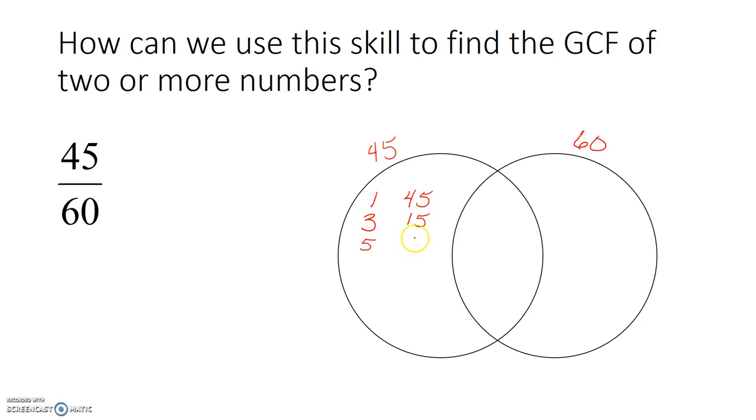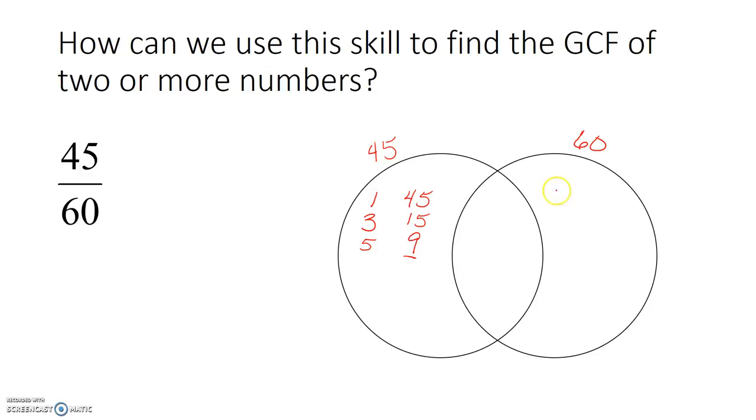So 5 and 9. 6 cannot because 45 is divisible by 3, but not 2. 7 cannot. 8 cannot. And 9 can, which is already on our list. So I know I've got all my factors for 45.